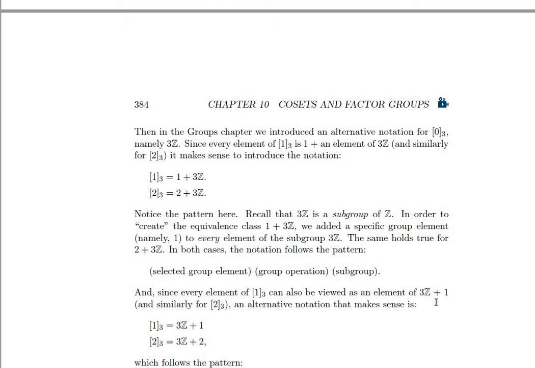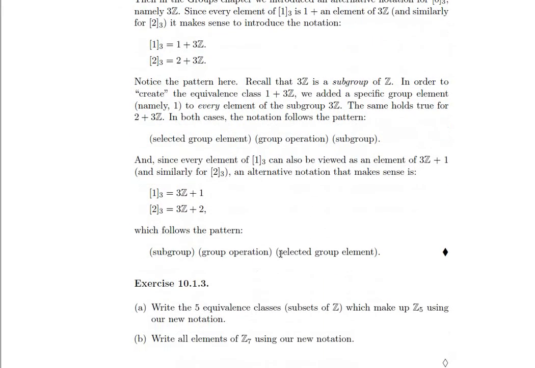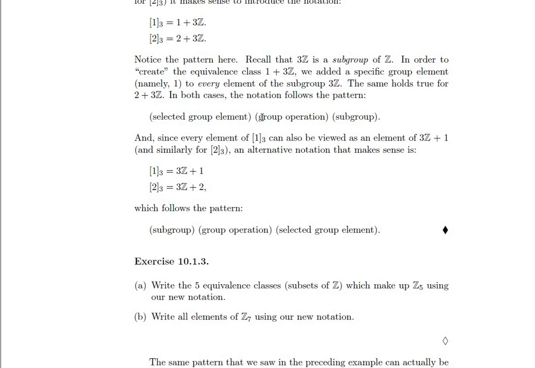Now this group element is not necessarily in this subgroup. So here we have two different patterns. This pattern is called the left coset notation, and this other pattern is called the right coset notation, because the particular element here is on the right, whereas the particular element here is on the left.